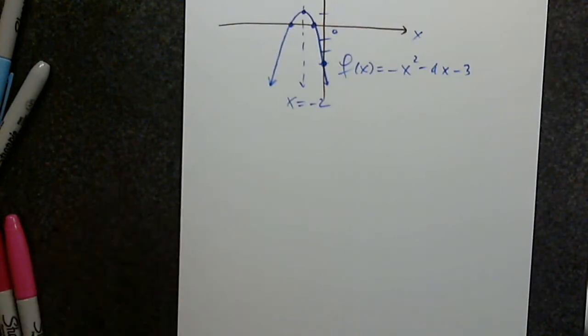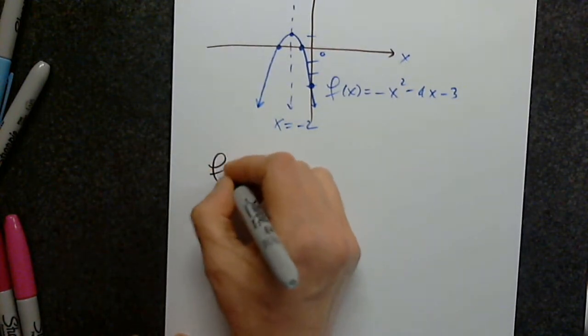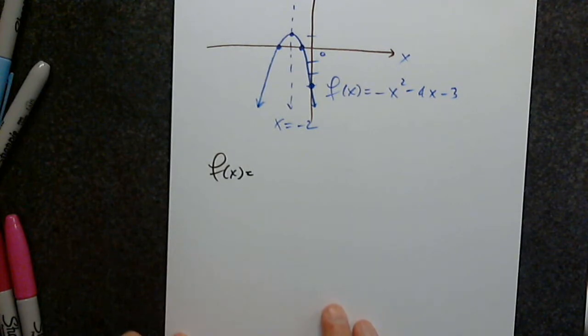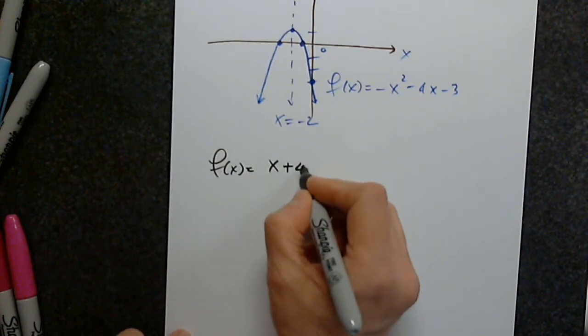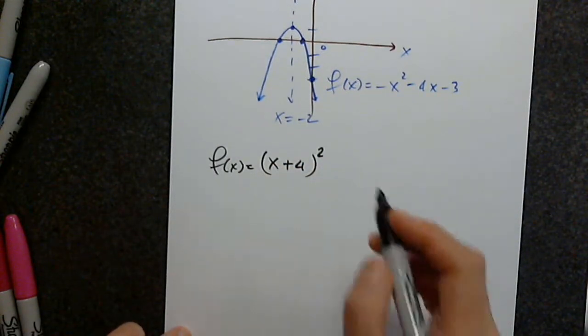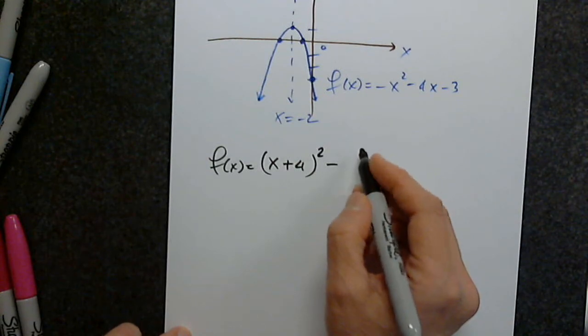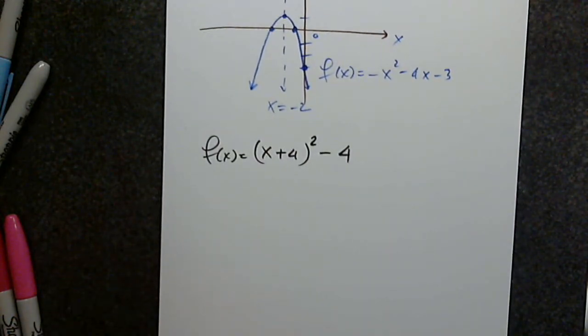Okay, here's another. And this time I would like to look at the other possibility. So let's say f of x equals (x plus 4) squared minus 4. Okay.